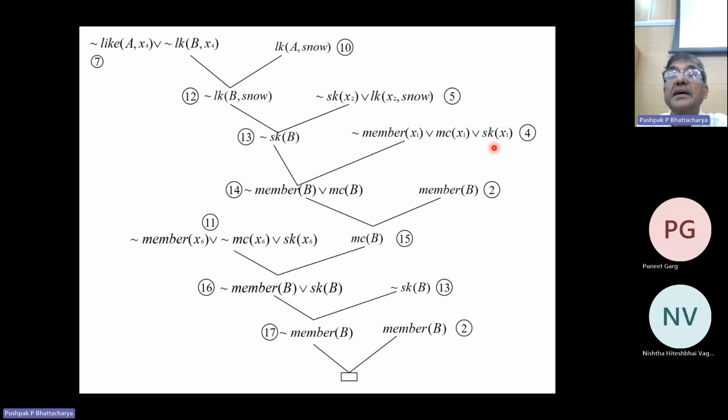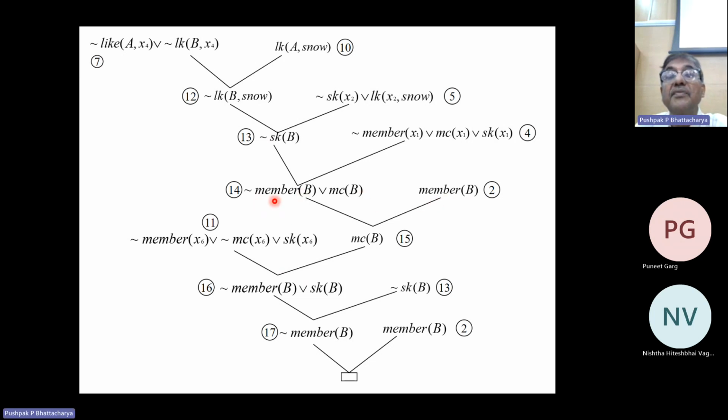Then we take the formula which says that every member is either a mountain climber or a skier. So I resolve not SK B with not member X1 or MC X1 or SK X1. Now by unification, X1 becomes B. SK B and not SK B cancel each other, giving rise to not member B or mountain climber B. Okay.